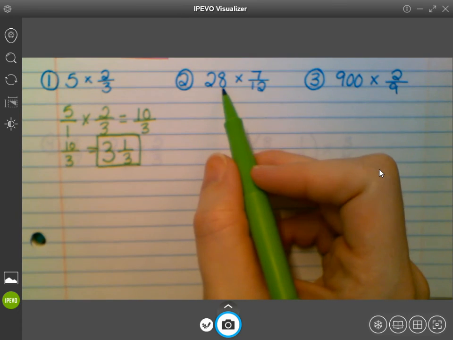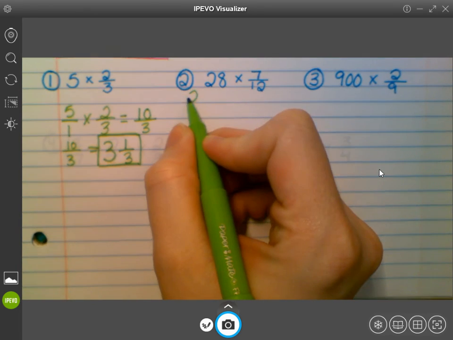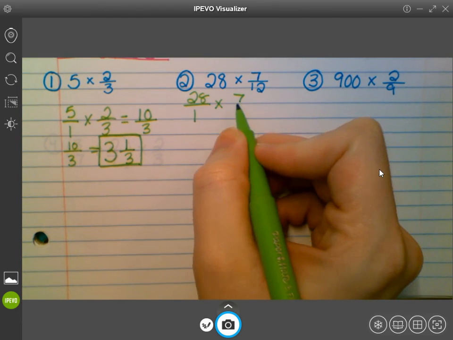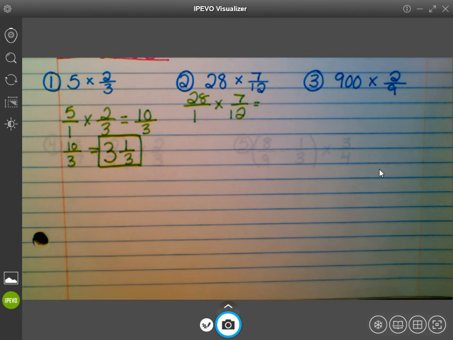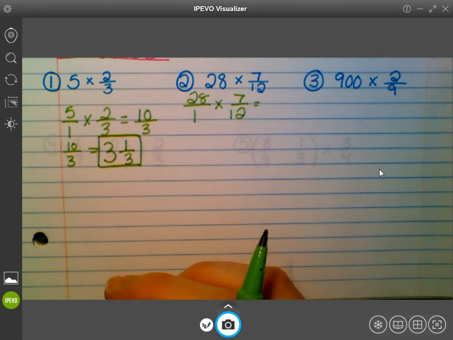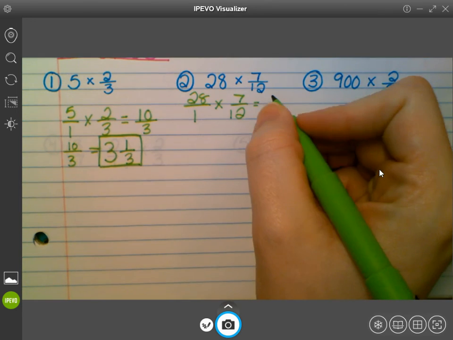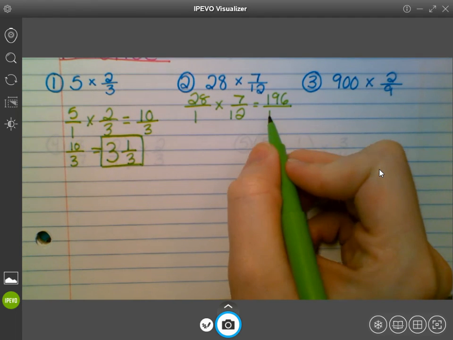Same thing. I have a whole number, so I need to put it over 1. So 28 over 1 times 7/12. So, just like I did before, I'm going to go ahead and multiply across. So if I take 28 times 7, I'm going to get 196 over 12.